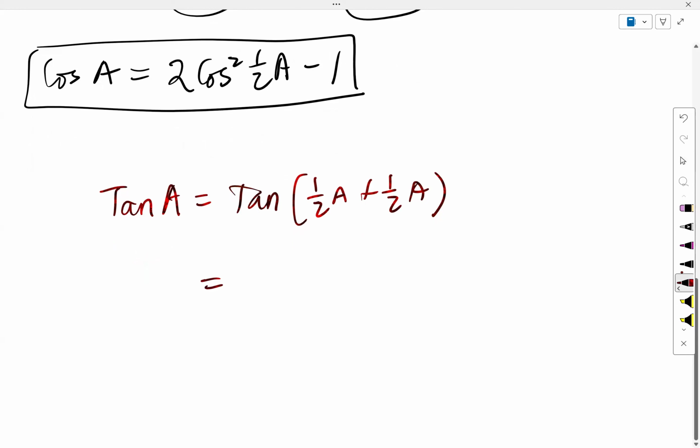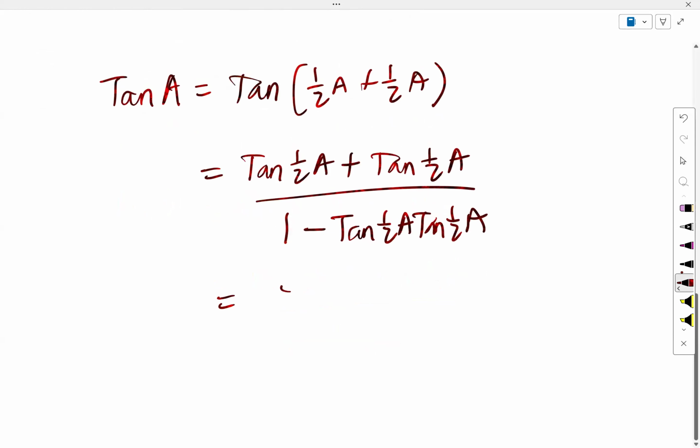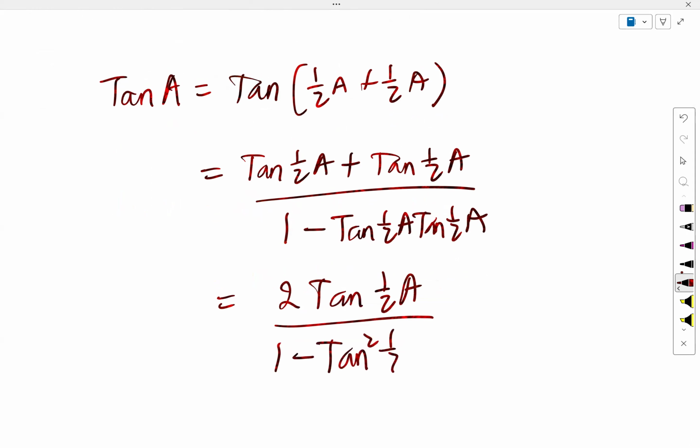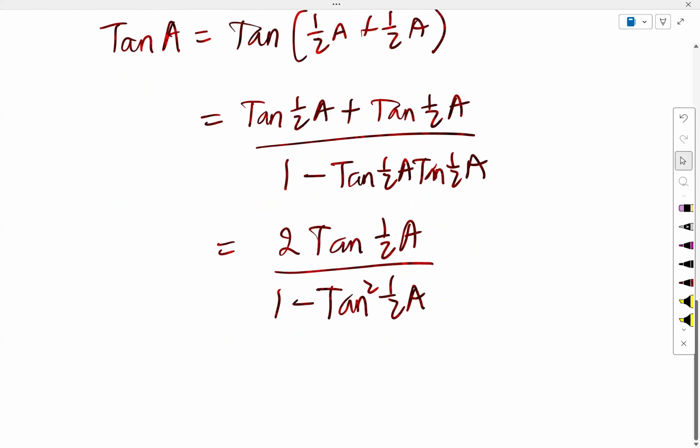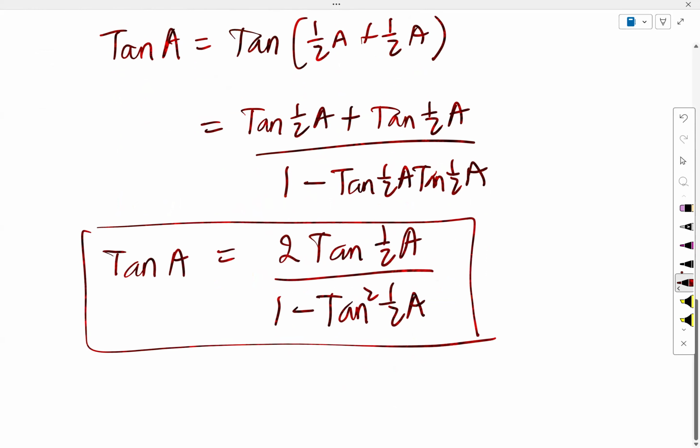And like you already know, this is the same thing as tan half A plus tan half A all over 1 minus tan half A tan half A. Okay, we follow all the process, and then this is the same thing as 2 tan half A divided by 1 minus tan squared half A. So this is exactly what you get when you break down tan A. So tan A is 2 tan half A divided by 1 minus tan squared half A.